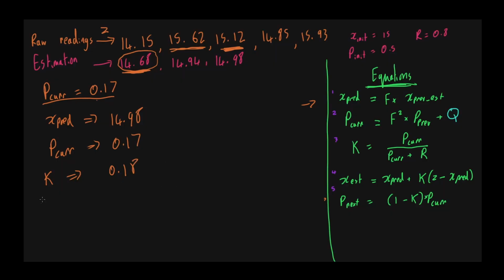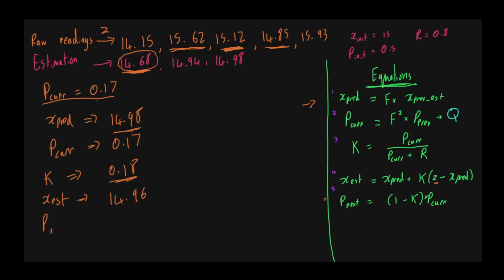I calculated that, 0.18. Then our X estimate. Remember, we're using X prediction from here. That's our X prediction. And then the K, Kalman gain, 0.18. And then our measurement. For this measurement, we're going to use this measurement here. So please be aware that you're using the right measurement. And that is 14.96 that I've calculated here.